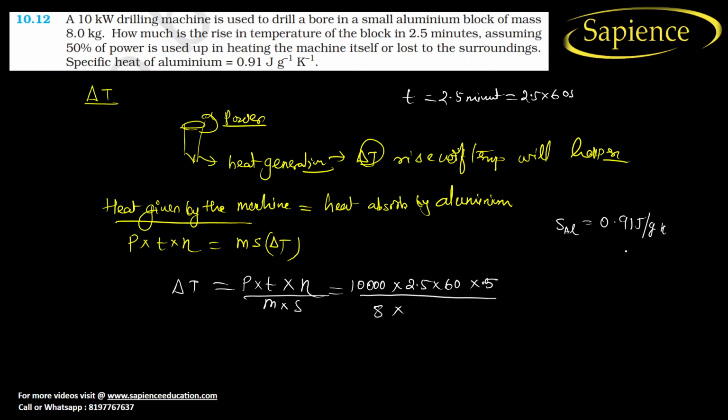I want joule per kg Kelvin as the standard unit, so we have to multiply it by 1000. 0.91 into 1000, then only it will get converted into joule per kg Kelvin. So this is very simple. Put here 910 joule per kg Kelvin. Now from here, if we calculate, we will get approximately 103 Kelvin or 103 degree Celsius as the change in temperature.